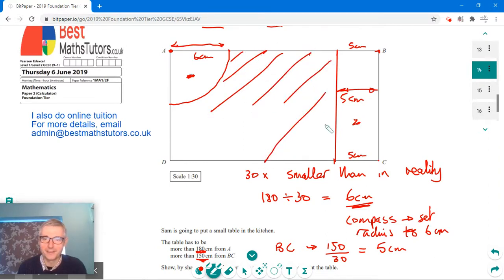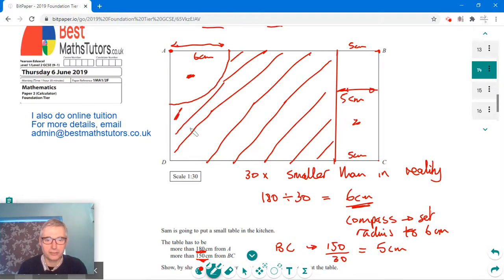Don't spend ages shading this in. It can take quite a while to colour it all in. So just do it by cross-hatching, and we've shaded the region where the table could be. So a table could be here. So that's that one done.